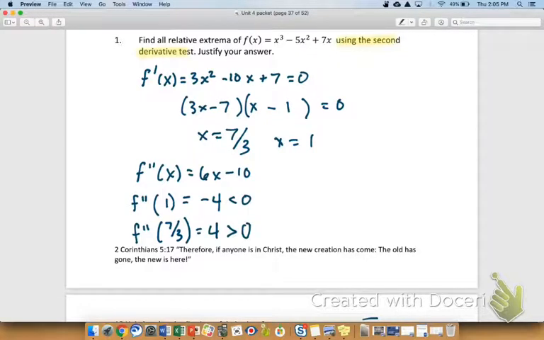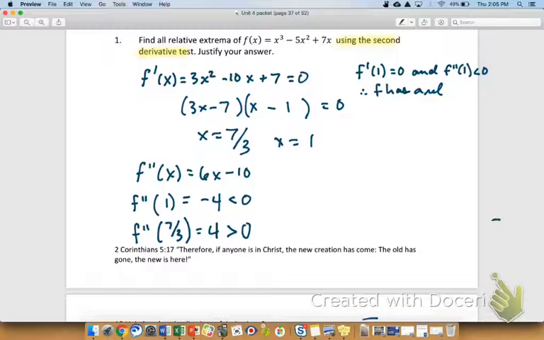So here's how I would conclude this and justify my answer. I would say something like f prime of 1 is 0 and f double prime of 1 is negative. Therefore, f has a relative what?